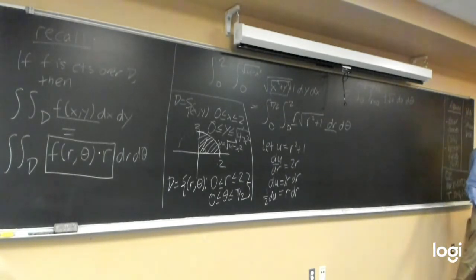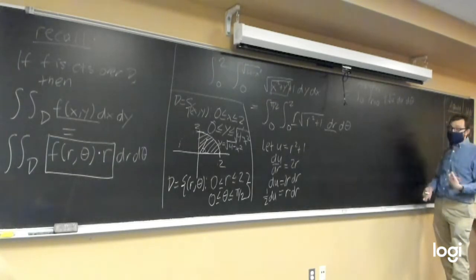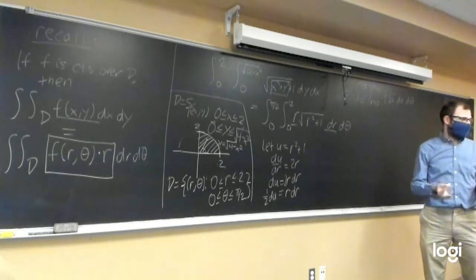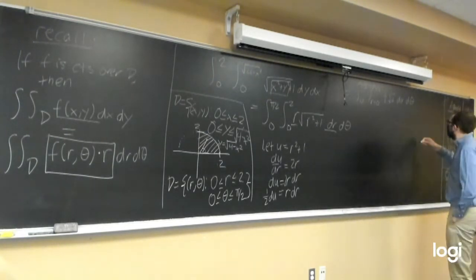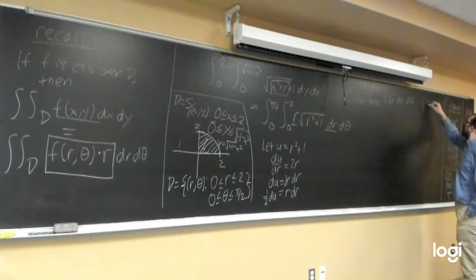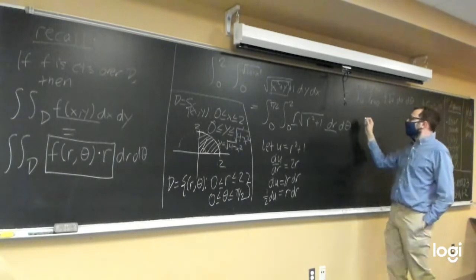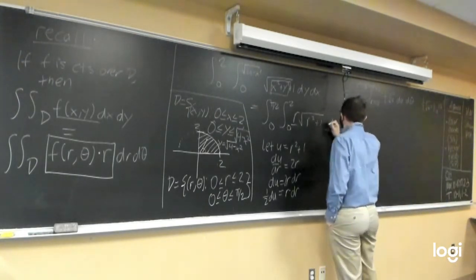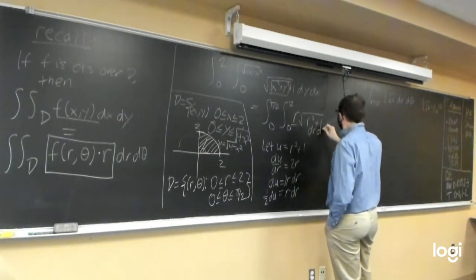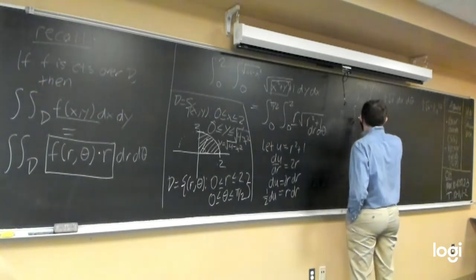Where the theta integral stays the same on the outside, that doesn't change, but our r integral is going to become a u integral in order to help us integrate here. So I think now we can go ahead and integrate with respect to u.